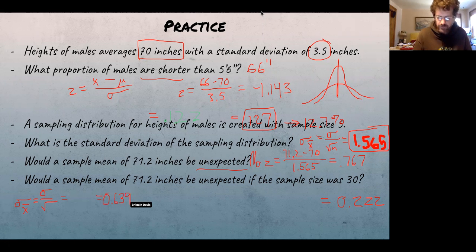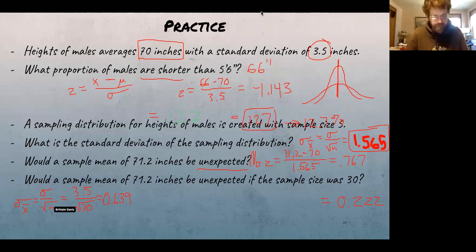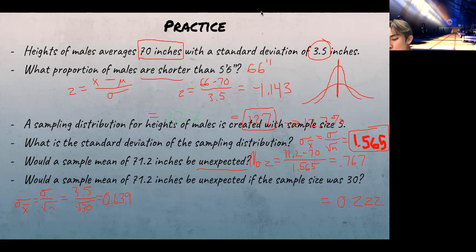Hopefully everyone knows how to find it. I'll just do this for completeness' sake. The population standard deviation divided by the square root of the sample size, which is 30. All right, then I found the z-score. I plugged that into the equation for finding the z-score.